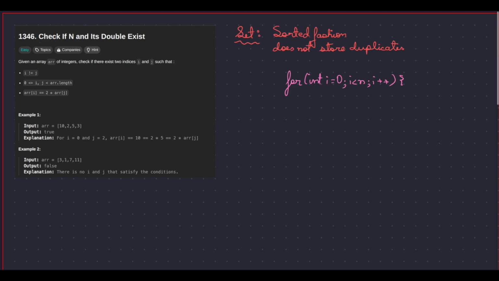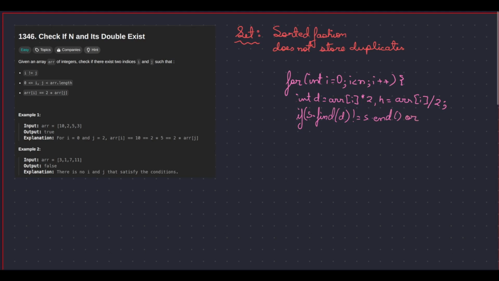So maybe I'll do something like this: int d equal to arr of i multiplied by 2, and h equal to arr of i divided by 2, right? So I can check if it exists within the set, right? So if s dot find d not equal to s dot end, this is basically how you find within a set.